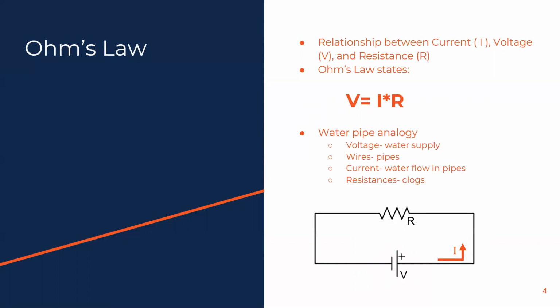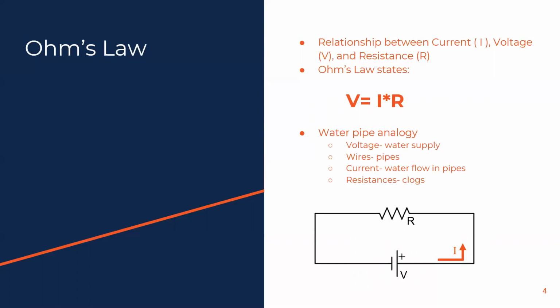In analogy to water pipes, some people think of water flow through pipes as an equivalent to circuits. So imagine that we have a water system. We have this outdoor pond and we're pumping water through these pipes. The voltage is the water supply. It's sort of the amount of pressure that can be applied by the system.